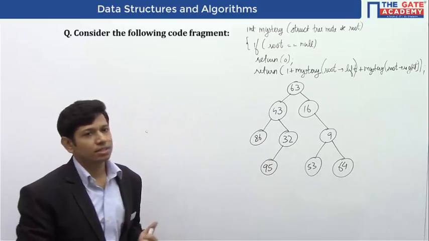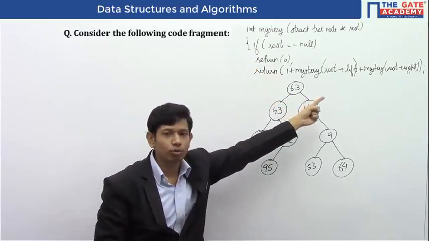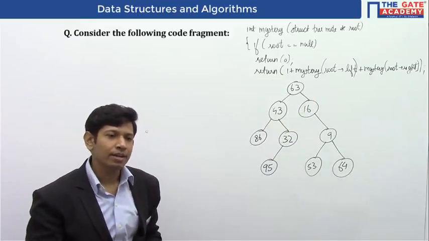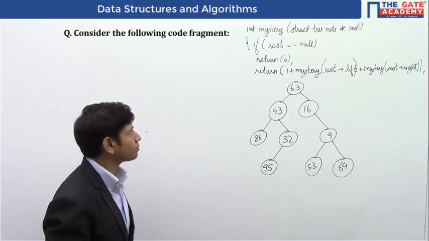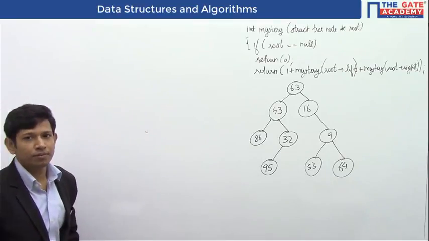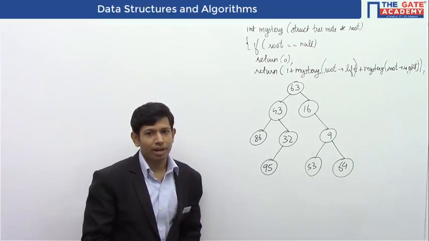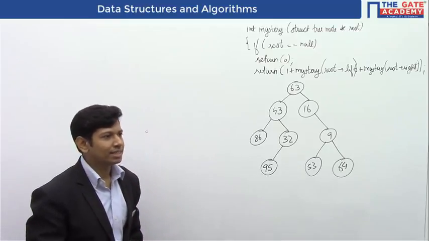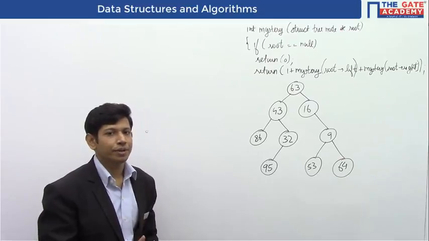Any function which calls itself is known as a recursive function. The second thing we observe is that this is a tree traversal program. In this program, we are traversing a tree. So let's see how we will use this recursive program to traverse this tree.